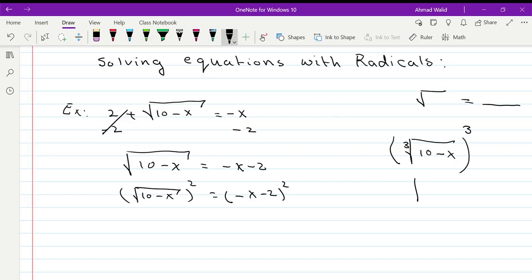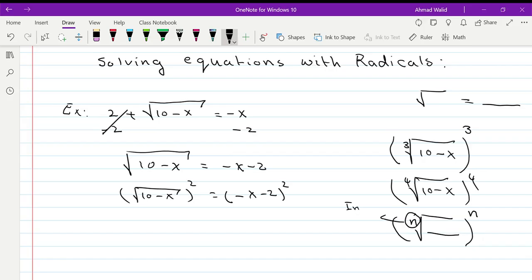If it was fourth root of 10 minus x, then you have to raise both sides to power of 4. Or in general, if it's the nth root of something, raise it to that power. It means raise both sides to the index. We call this one index, right? The index of our radical. You are raising both sides of equation to your index.